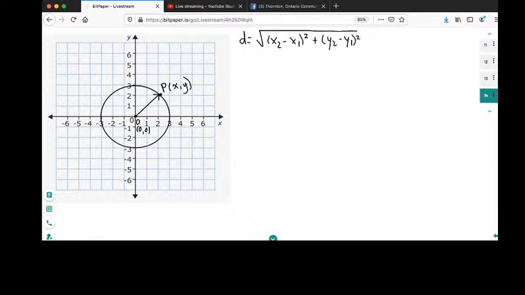If I use this distance formula for the length of this line segment, which is r, the radius, that would give us the square root of some point x that I don't know yet, minus 0, because that's my x1, squared, plus some point y minus 0 squared.